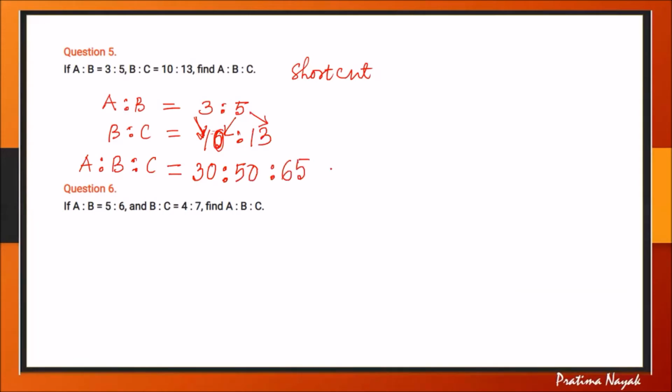Then you cancel this ratio with the greatest common factor. What is it? The greatest common factor will be 5. So 5 6 times 30, 5 10 times 50, and 5 13 times gives you 65. So this is the answer.